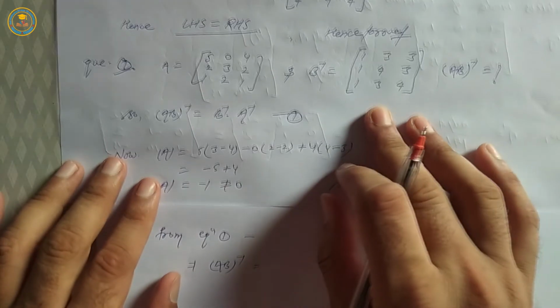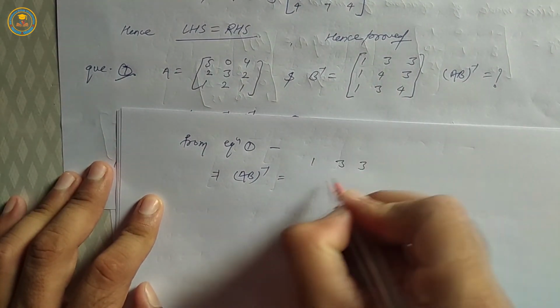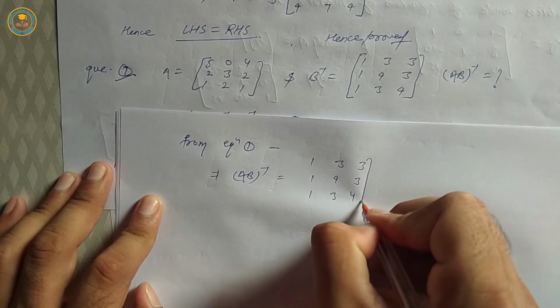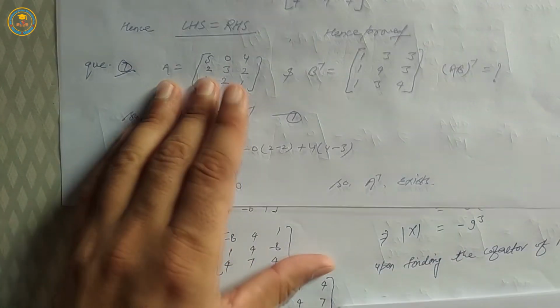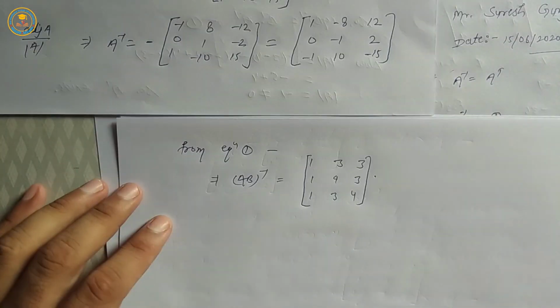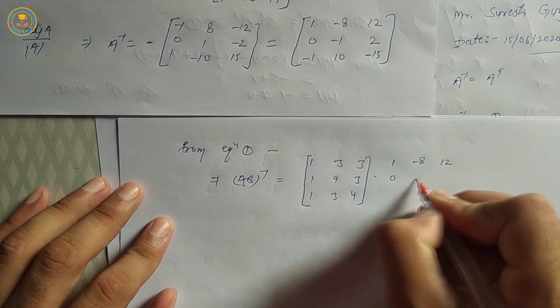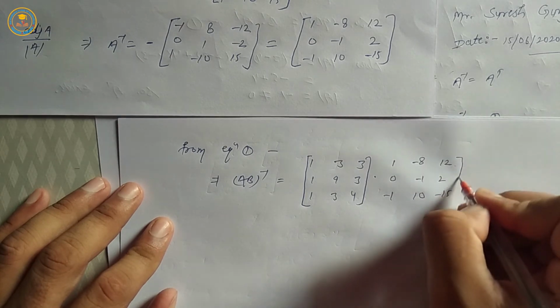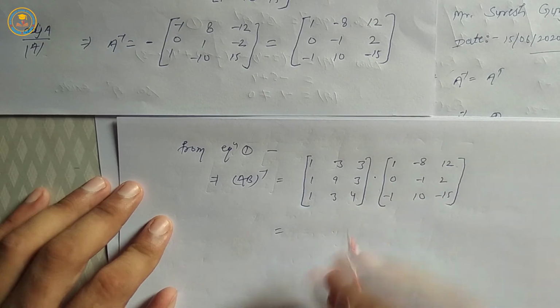B inverse equal to 1 3 3, 1 4 3, 1 3 4, into A inverse, A inverse 1 minus 8 12, 0 minus 1 2, minus 1 10 minus 15. Okay, multiply B inverse into A inverse.